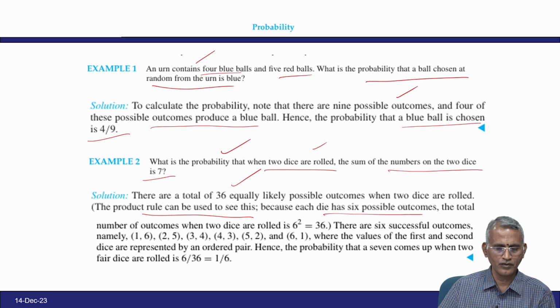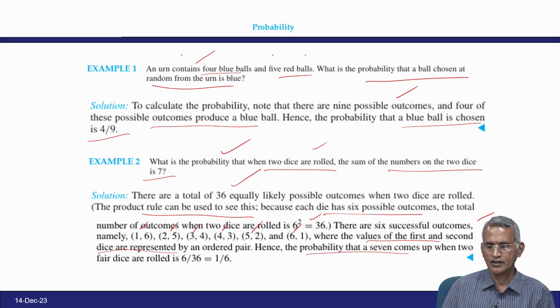Therefore, by the product rule, the total number of outcomes when 2 dice are rolled is 6 into 6, which is 6 squared, 36. There are 6 successful outcomes, namely 1 6, 2 5, 3 4, 4 3, 5 2 and 6 1, where the values of the first and the second dice are represented by an ordered pair. Hence, the probability that a 7 comes up when 2 fair dice are rolled is 6 by 36, equal to 1 by 6.